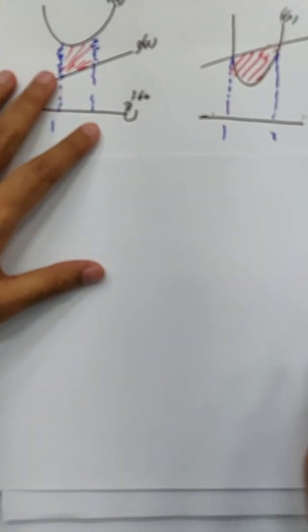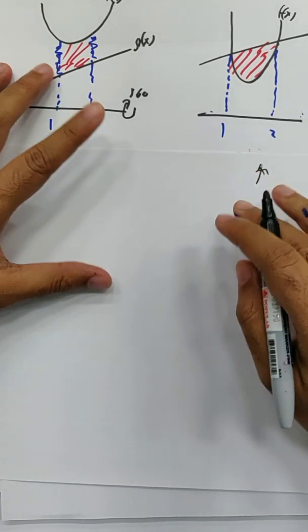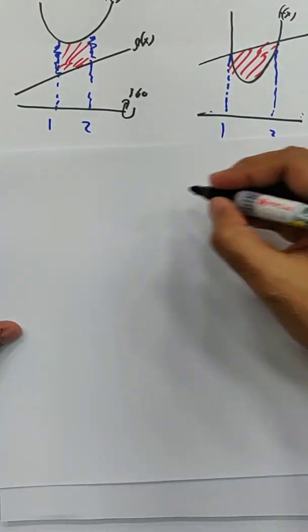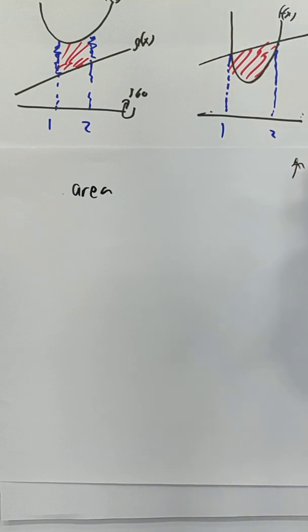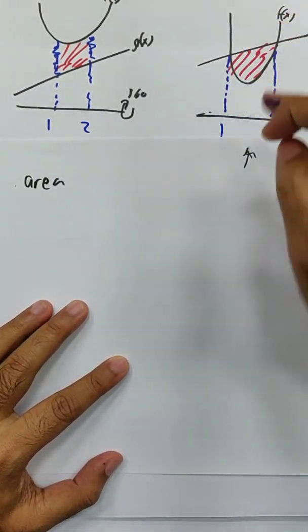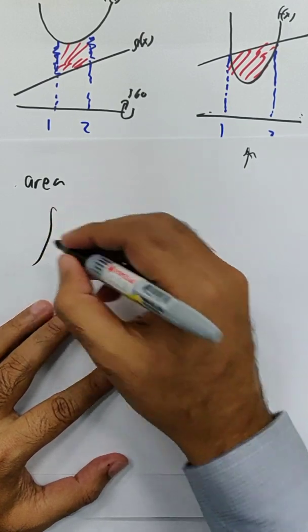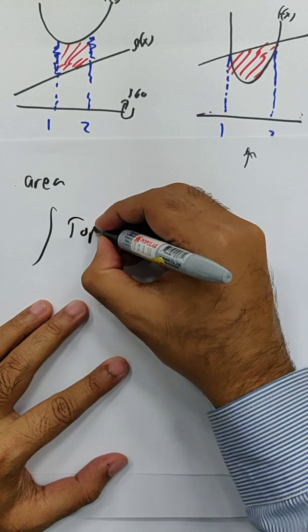For the right, however, which is this one, let's say you're calculating the area. Since it's completely enclosed by those two graphs, this is how we do it. You need to do top minus bottom.